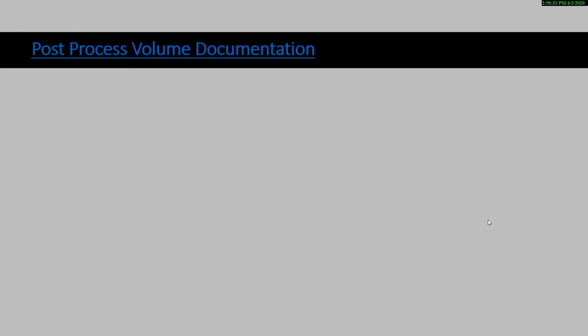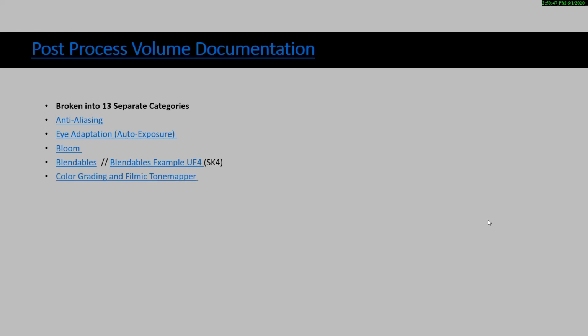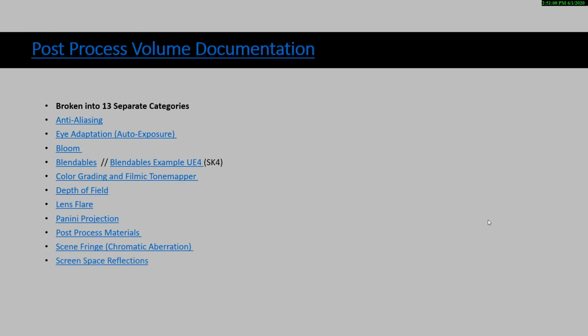The post-process volume documentation is a great complement to the content examples, and there's a lot of documentation for it. There's 13 separate categories: anti-aliasing, eye adaptation, bloom, blendables, color grading, depth of field, lens flares, panini, which is an optical correction type of node, post-process materials, chromatic aberration, screen space reflections, vignetting, and lookup tables.